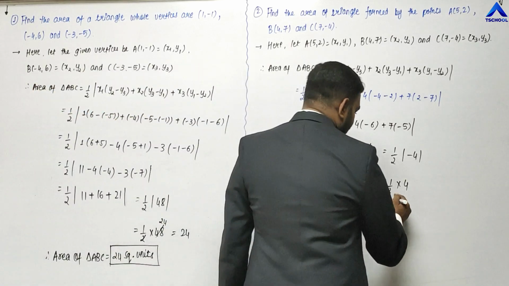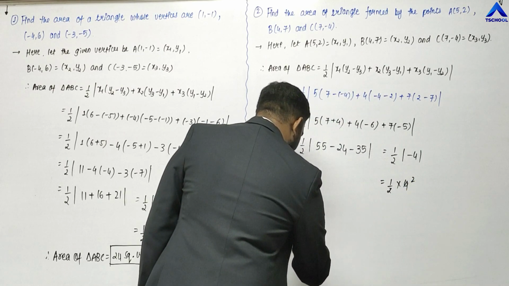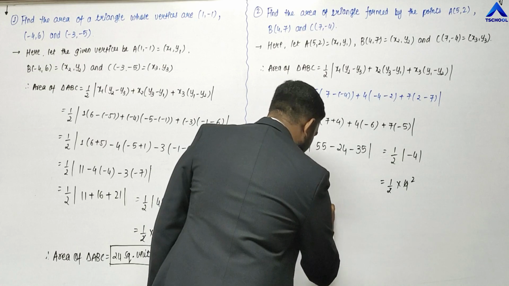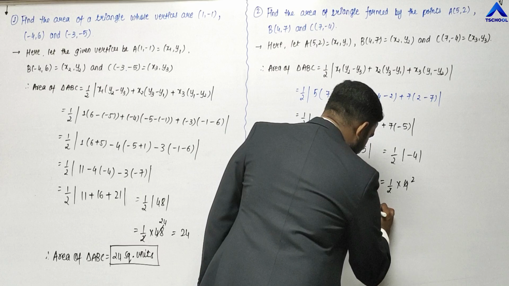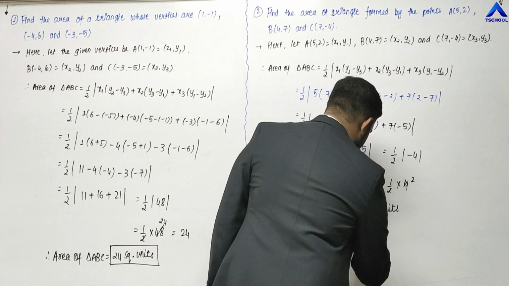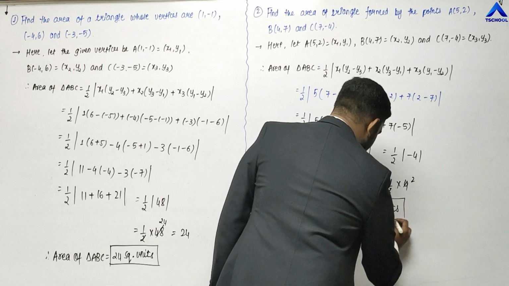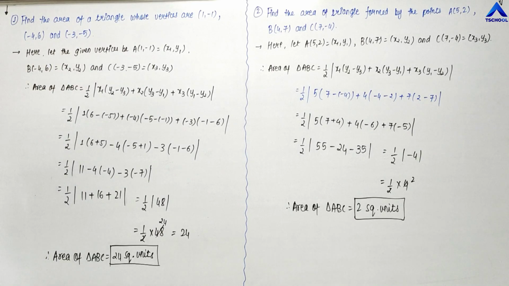So that is 1 by 2 into 4, which gives me 2, and hence the area of triangle ABC is equal to 2 square units, because the 1 by 2 and 4 can be cancelled with 2. So that is the answer, that the area of this triangle so formed will be 2 square units. Is it clear?